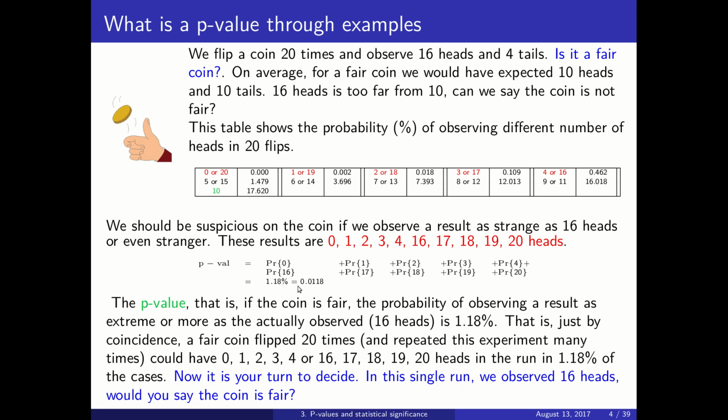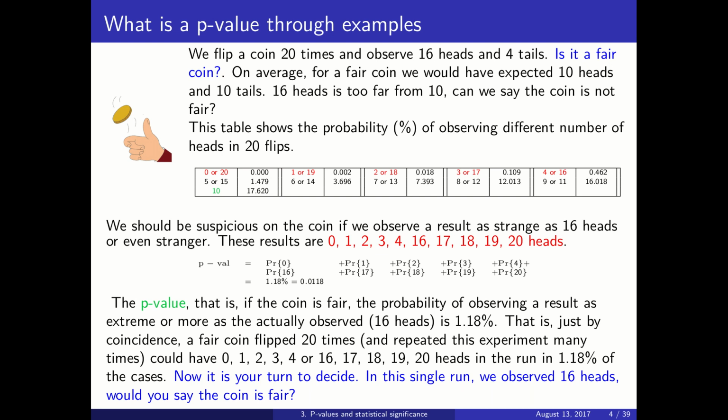When you add up all these probabilities, the total is 1.18%. So if the coin is fair, you would observe a result as extreme as this one or more only in 1.18% of the experiments. If you repeat this experiment many times, flipping the coin 20 times, only in 1.18% of them will you observe 16 or more heads or 4 or fewer heads.